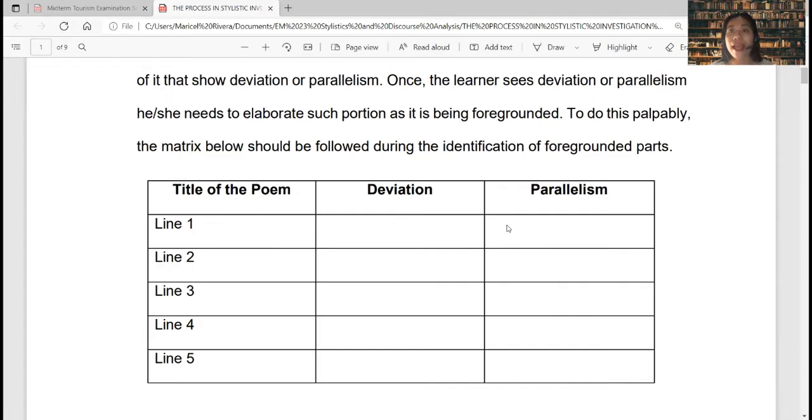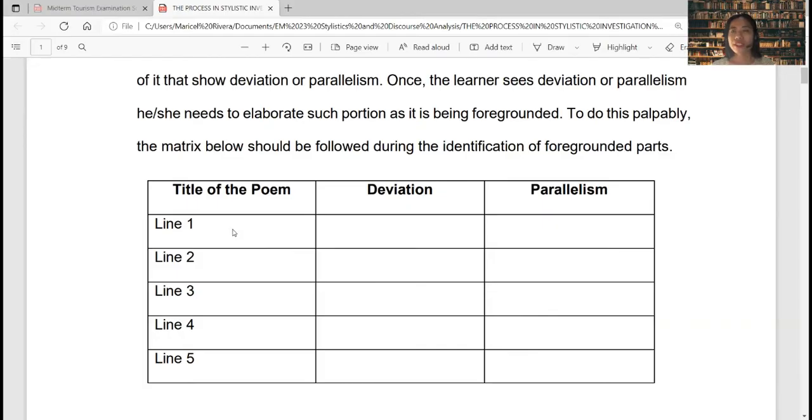So let's say a phrase that is repeated, mentioned in the initial position in line 1. At the same time, in line 2, it is also mentioned in initial position, until line 3. So that could be an example already of parallelism.